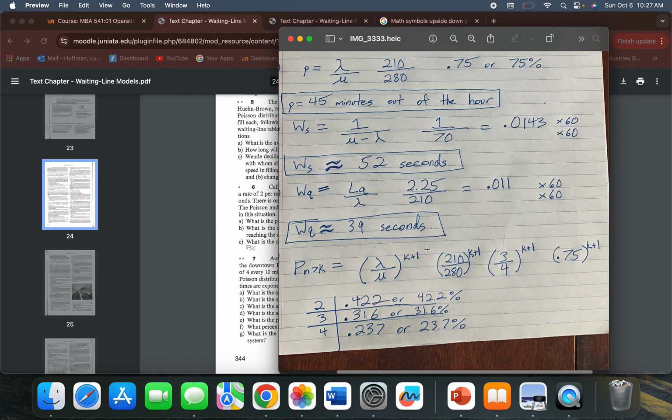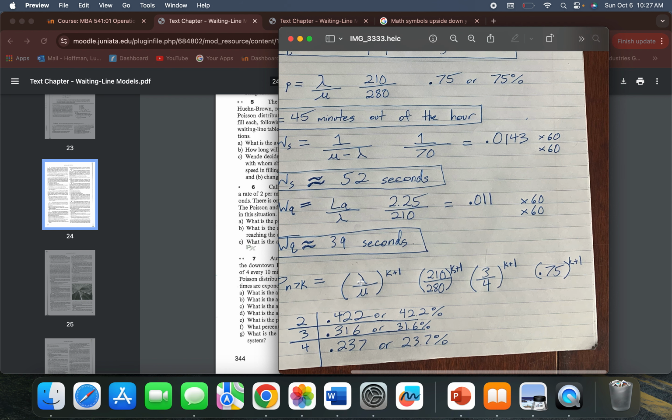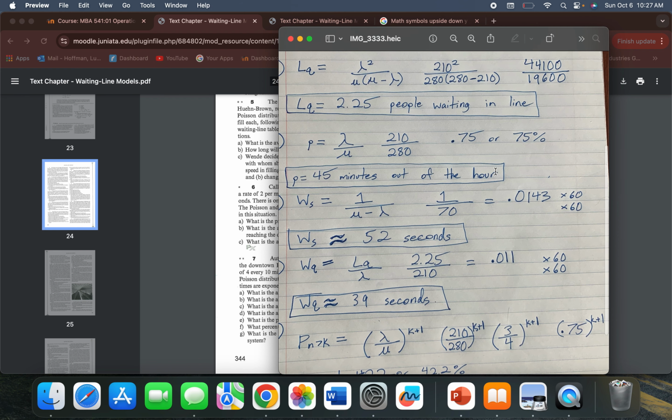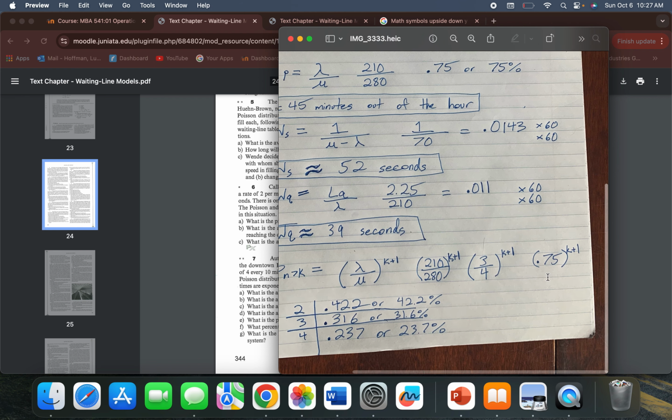So I made this kind of table. It asks for 2, 3, 4, but really you could plug in any number. 210 over 280 simplifies down to 3/4, 0.75 or 75%, which we did earlier. Just put in that 0.75 and plug in these numbers. 2 plus 1 is 3, so it's 0.75 cubed, which comes out to 0.422 or 42.2%.